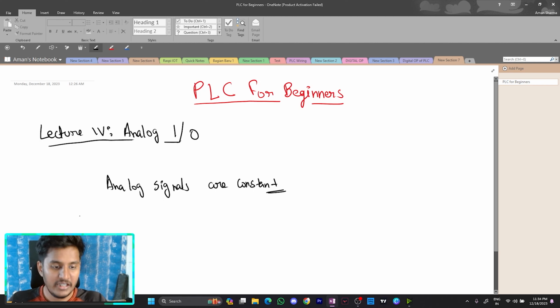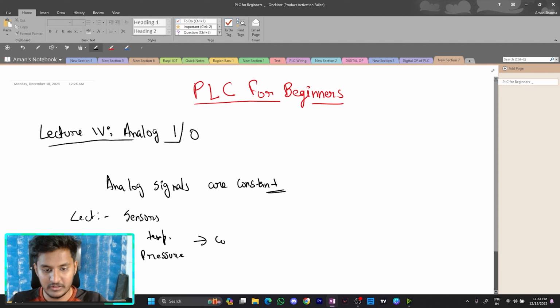Also, if you remember, in lecture number 1, we went through different types of sensors like temperature sensors and pressure sensors. These types of sensors give continuous output signals. So these kinds of signals are called analog signals.